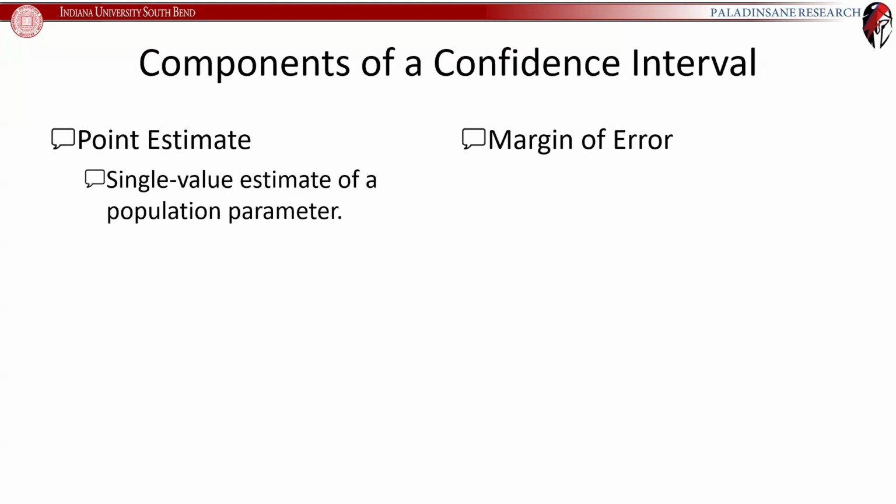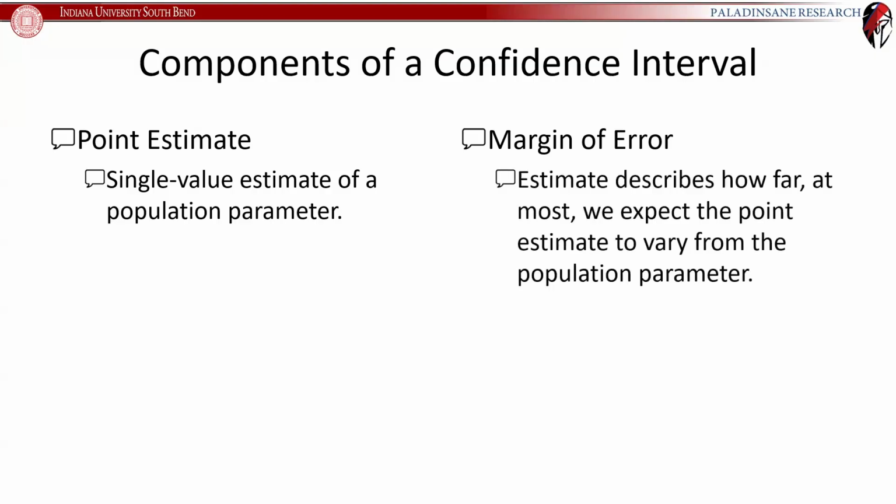That's your point estimate. Your margin of error, on the other hand, is an estimate that describes how far, at most, we expect the point estimate to vary from the population parameter we're trying to predict. So the margin of error, it's kind of like just there on the tin. It's how much error we can expect around that point estimate. And that idea of it being around the point estimate means that your point estimate is the midpoint of your interval.